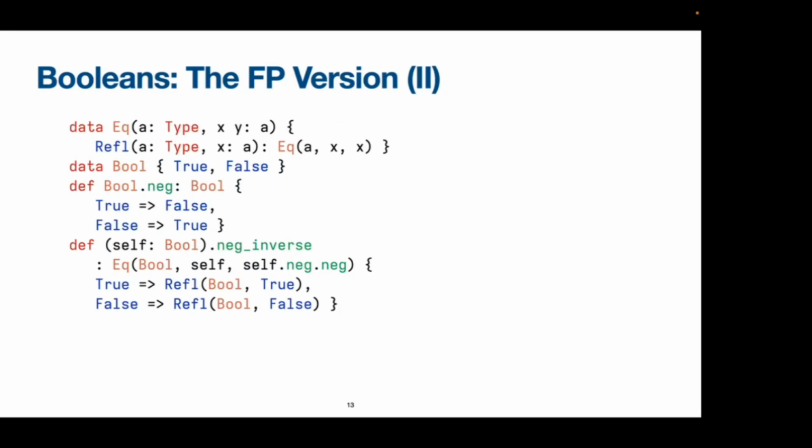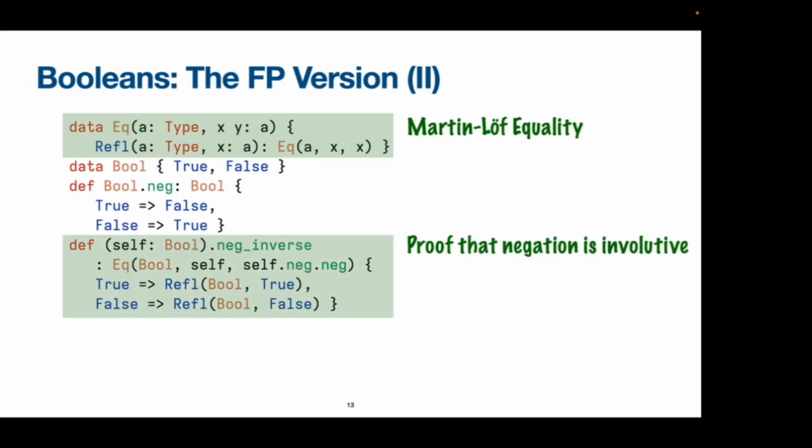So here we have the same data type of booleans that we had before, but we additionally have the Martin-Löf equality type on top, and we have a proof that negation is involutive. That is, if we apply negation twice, then we obtain the original result.